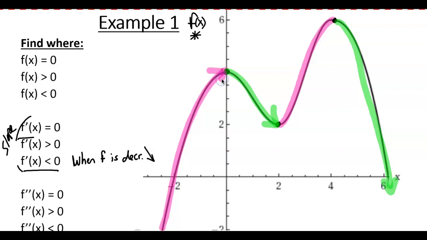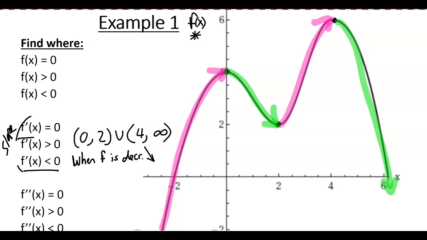Okay. All right, so let's go ahead and write out those intervals. So it looks like f is decreasing from 0 up to 2, and then from 4 on into infinity.